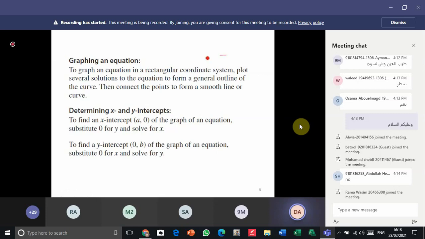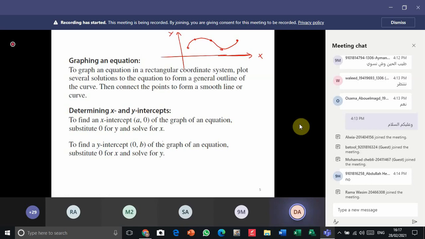For example, we can put the curve in the XY plane, the Cartesian coordinate, and connect between the points from left to right by lines or curves, so we can draw any equation. Find the points and assign them in the XY plane.